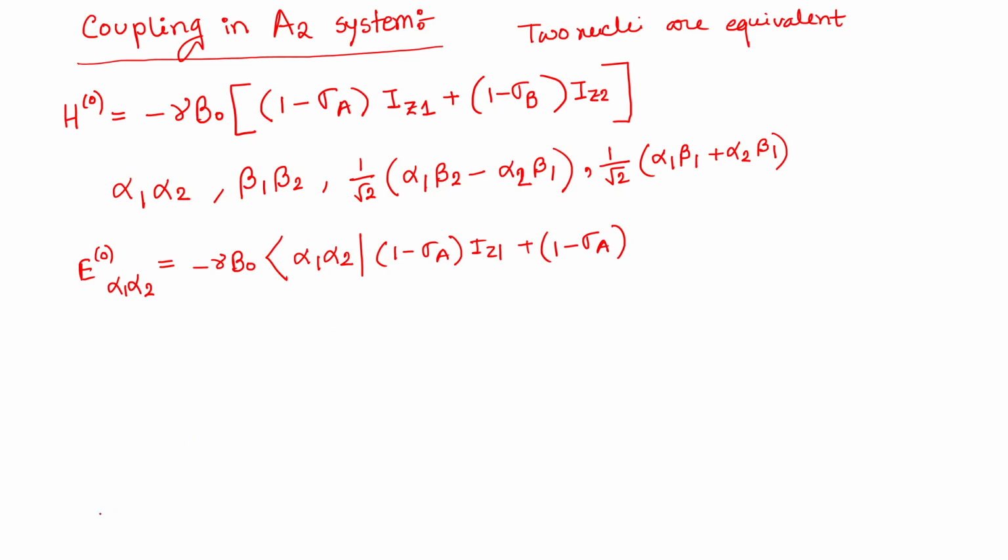I have written it wrong, it is not B, it is equal to A, okay? And this is Iz2, and then alpha 1 alpha 2. Okay, now this is going to be simple, and like the previous one, we'll split it. So I can also write this term outside.